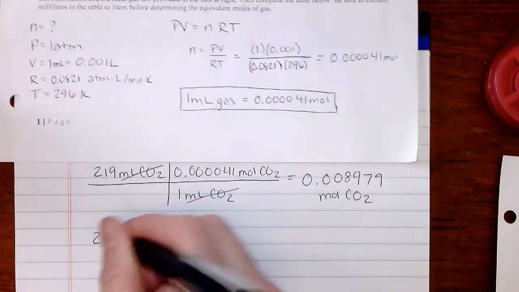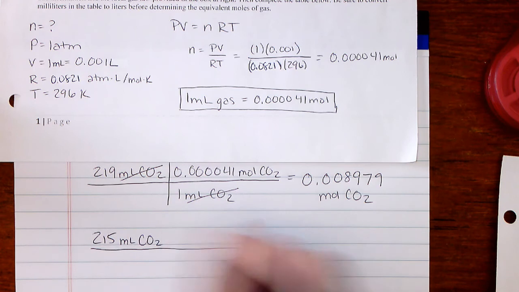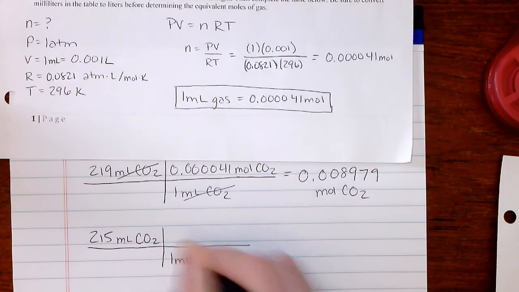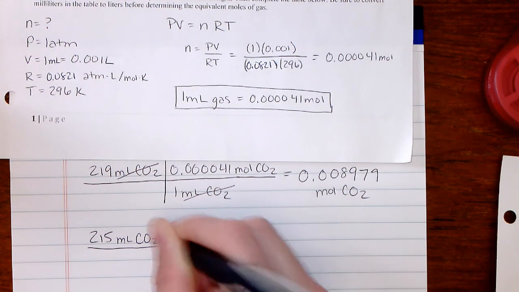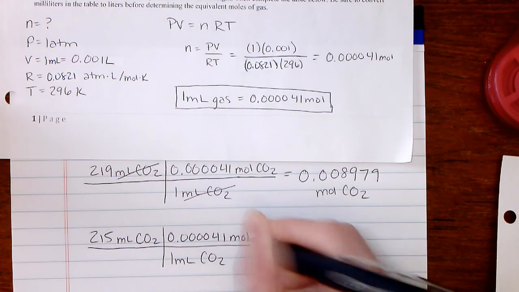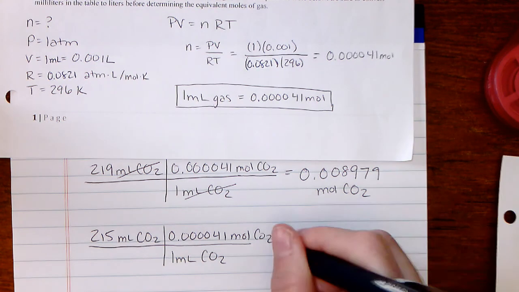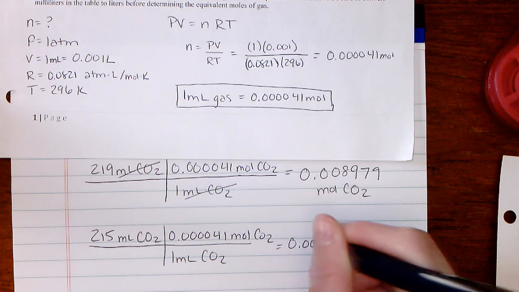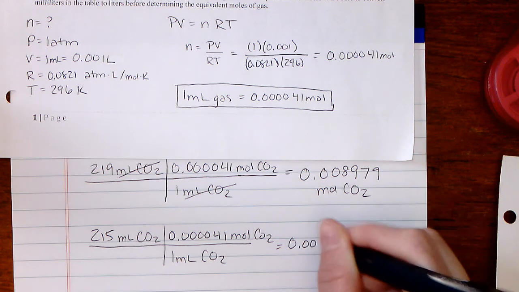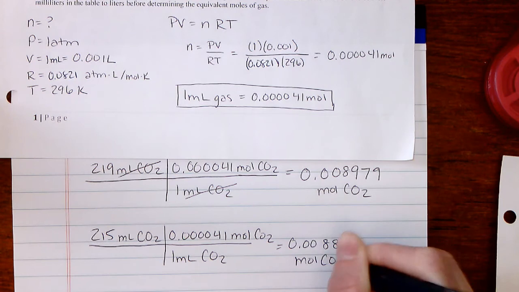For 215 milliliters of CO2, 1 milliliter of CO2 is equal to 0.000041 moles of CO2. And I solve that out and I get 0.008815 moles of CO2.